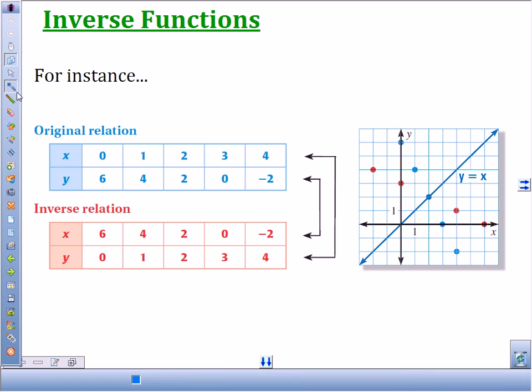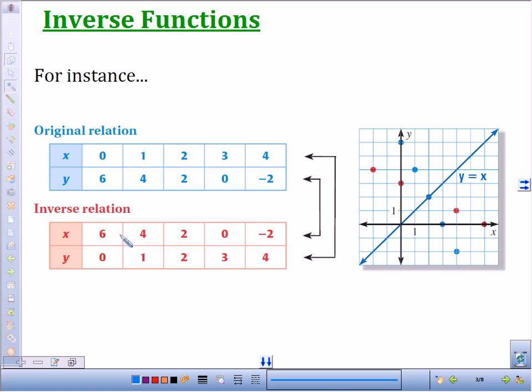All I did was change the x values and the y values. So what used to be the y values in the original became the x values in the inverse. What used to be the x values in the original became the y values in the inverse. I literally just swapped x and y. I get a different set of points in that case.